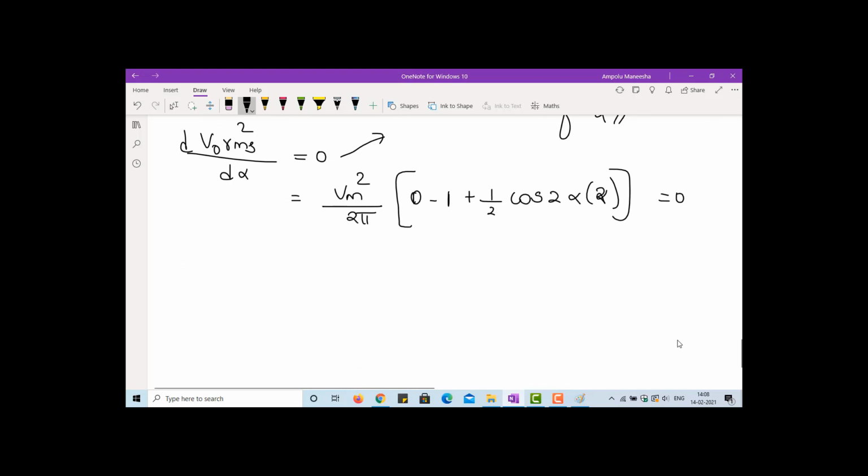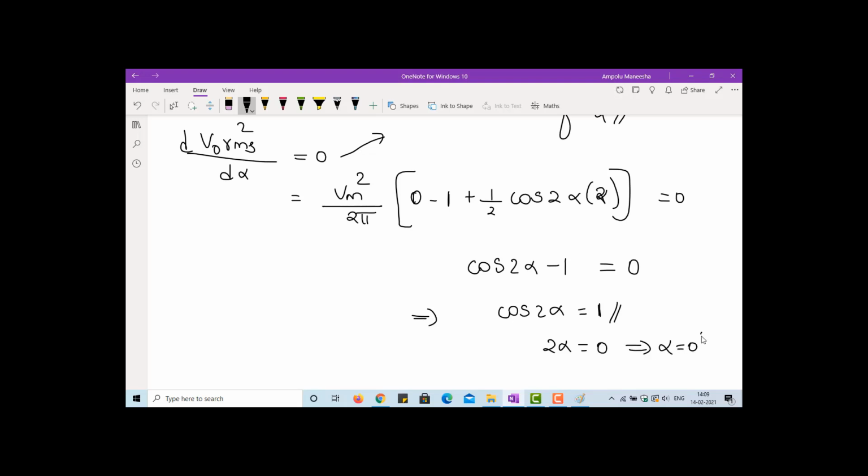If we equate this term to 0, it means cos 2 alpha minus 1 is equal to 0. So, cos 2 alpha is equal to 1, meaning 2 alpha is equal to 0, which implies alpha is equal to 0 degrees.